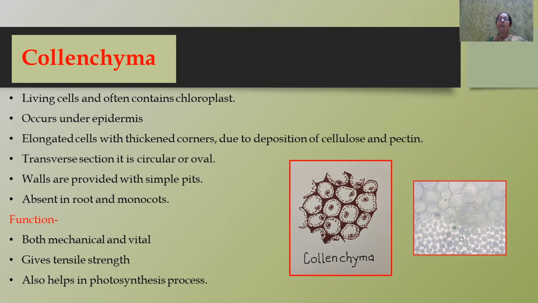They may be present in the herbal stem, or they may be present in some leaves with chloroplasts in them, and can perform the function of food production with the help of photosynthesis. It also gives strength, as it has thick walls, and it also helps in the process of photosynthesis.